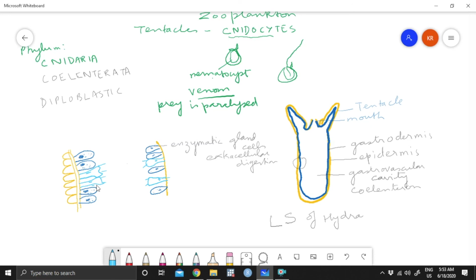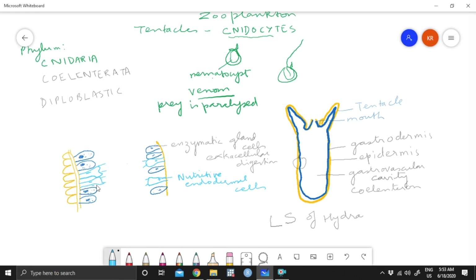And these cells are called nutritive endodermal cells. Nutritive endodermal cells. These two names you must remember. One is enzymatic gland cells and one is nutritive endodermal cells.